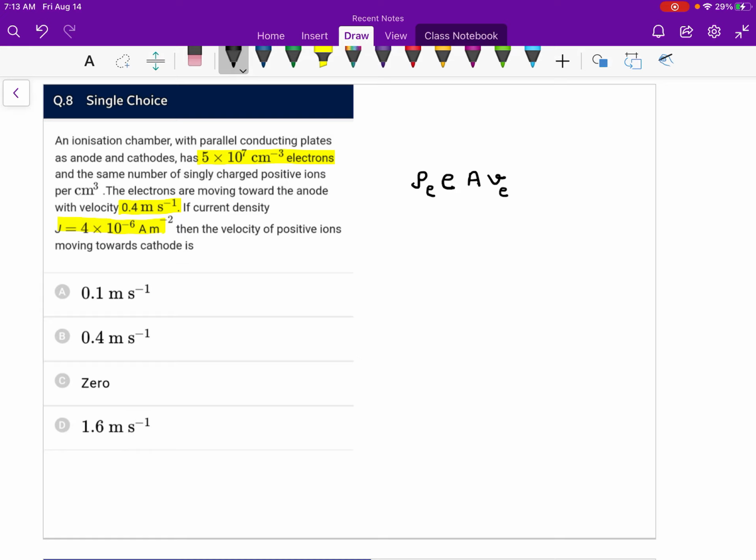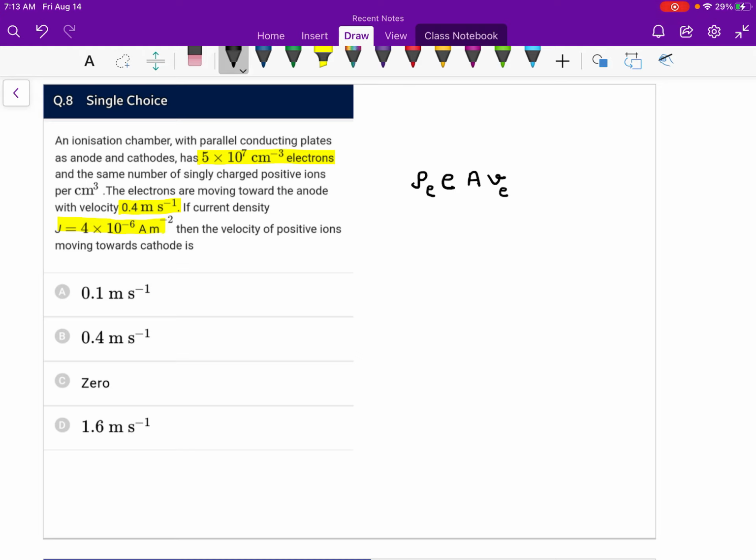Rho is the number of electrons per centimeter cube multiplied by area, multiplied by VE, so that is the number of electrons in V length which crosses a given area in 1 second. So the charge crossing a given area in 1 second is rho E A VE.